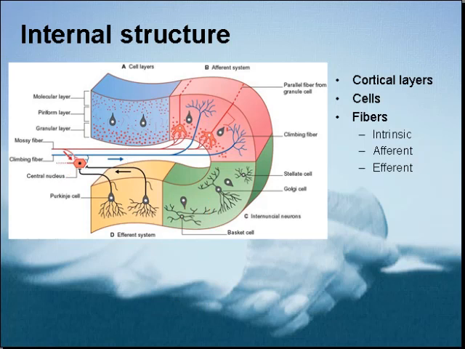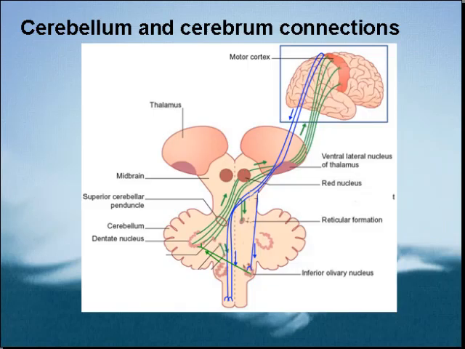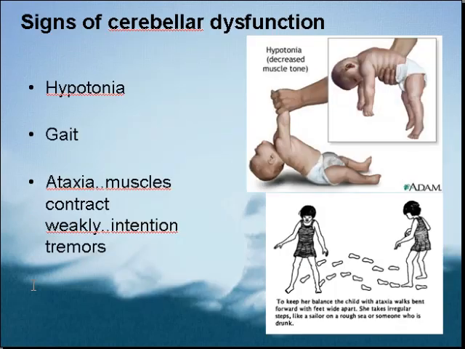And then of course when you come down here, these functions are very important. I won't go through this, but knowing all these functions will help you to answer questions in clinical situations. These again are connections. And then when you come down here and you look at the signs of cerebellar dysfunction, I tell you how there is a resistance to movement normally.